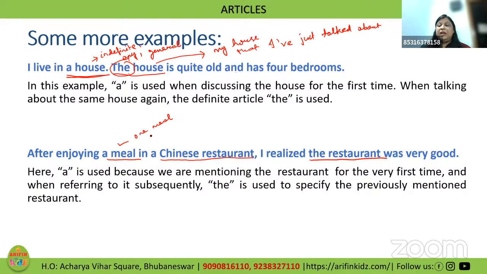Here we are not talking about any meal, we are talking about one, because a or an also mean one, right? In a Chinese restaurant. So now this is the first time we are mentioning the restaurant. So it is any Chinese restaurant, right? So any Chinese restaurant that we are talking of.